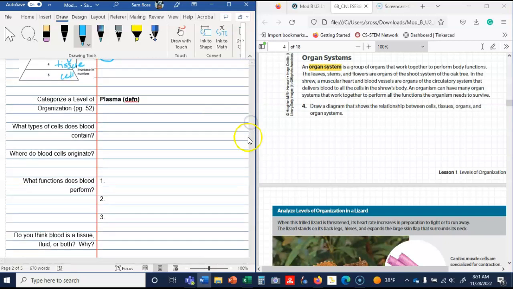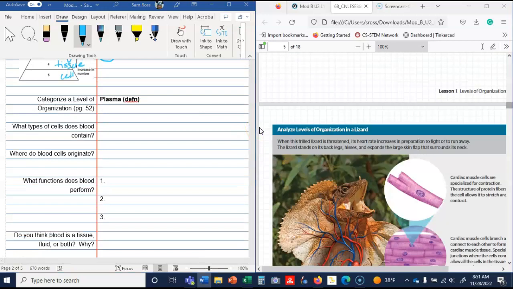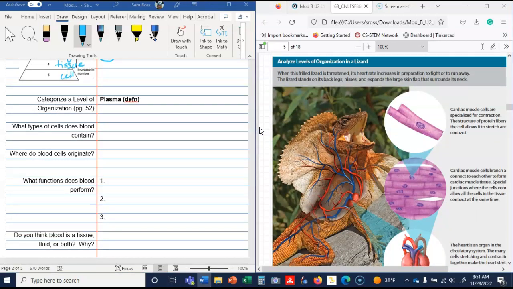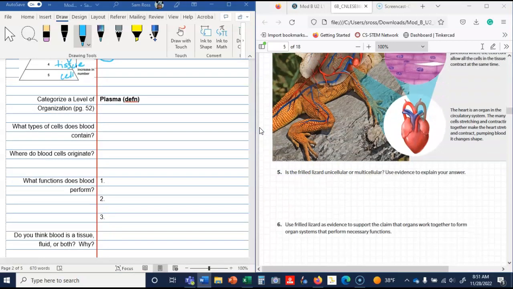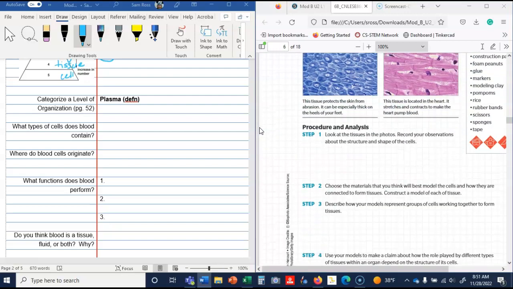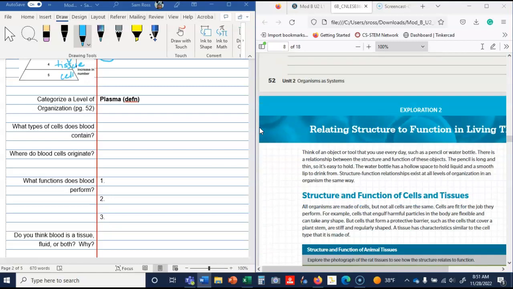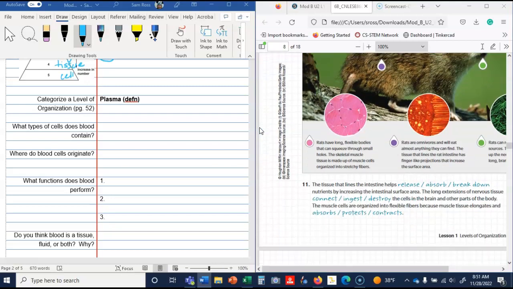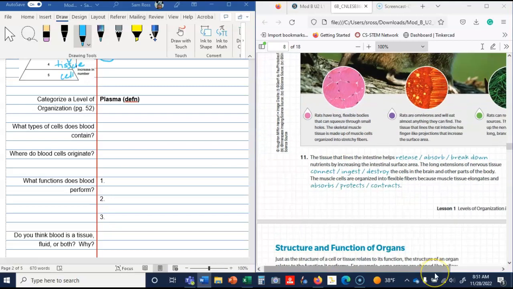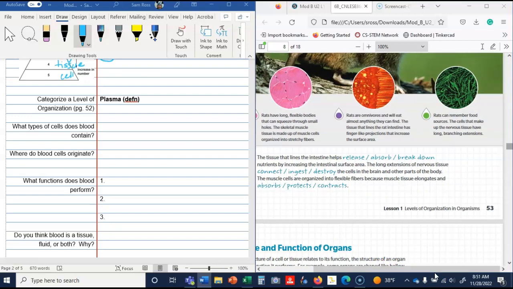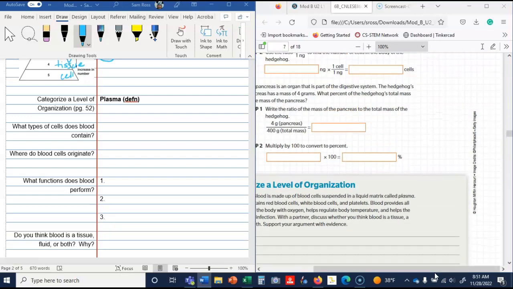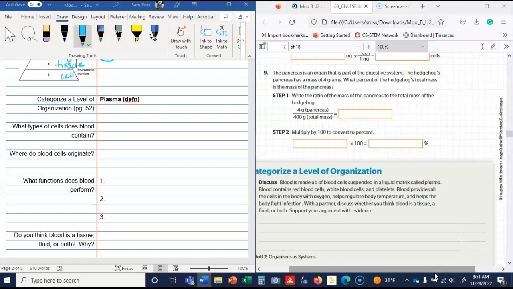All right, it says go on to page 52, but now I'm wary. So let's see, plasma defined. What page am I on? I'm on 53. I don't think it's on page 50. Oh, yeah, it is. It's right there. I see it now. Okay.